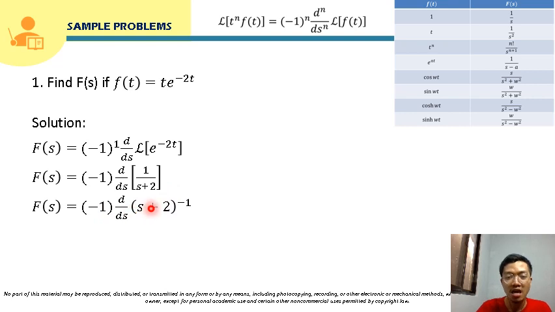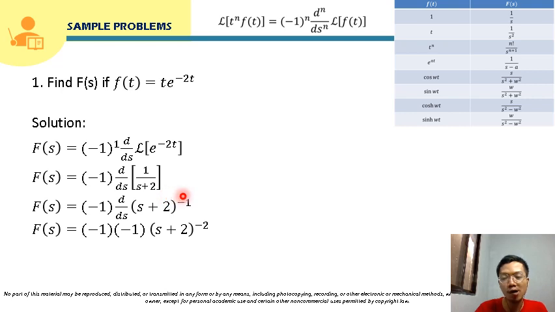Deriving s plus 2 raised to negative 1, applying the power rule, we bring down negative 1, and then subtract 1 from the exponent, so negative 1 minus 1 becomes negative 2, and then s plus 2. Then we derive the function inside.